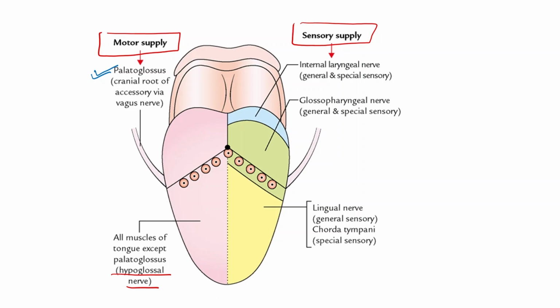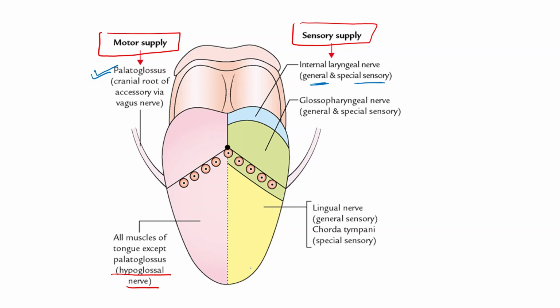Moving on to the sensory nerve supply. The sensory nerve supply is again categorized into two, that is the general sensation and the special sensation. The special sensation is mainly the taste, and the general sensation includes the touch, pressure, etc. The general sensory supply of the tongue is different in different parts.